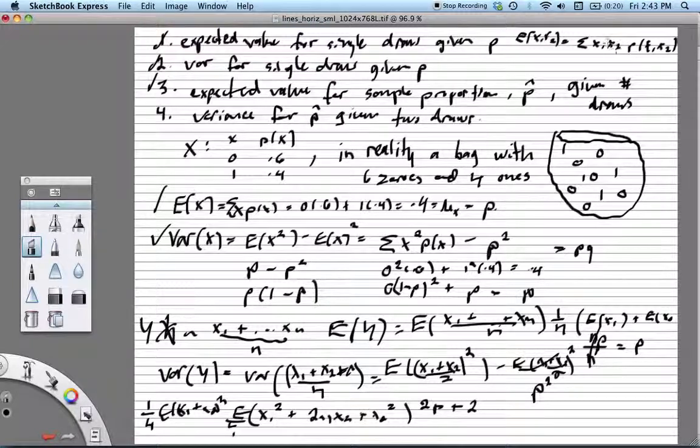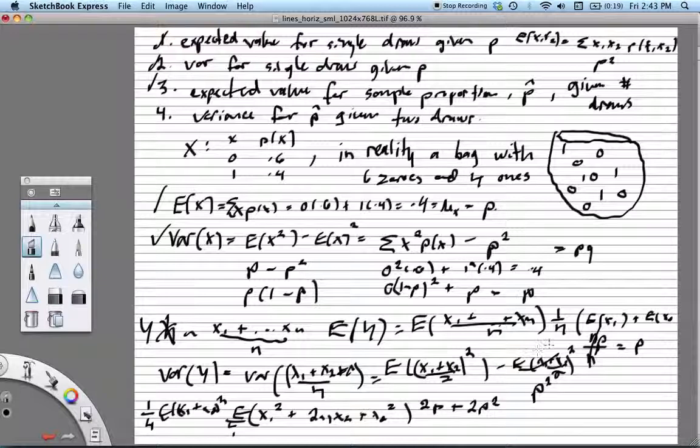Okay, well, possible pairings of x1, x2 would be 0,1; 1,0; 0,0; and 1,1. Now, when we multiply the x's, all of those are going to go away except for one of them, which is 1,1. 1 times 1 is 1, and the probability of getting 1,1 would just be p squared.